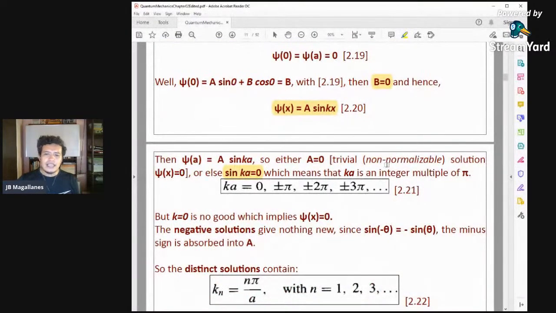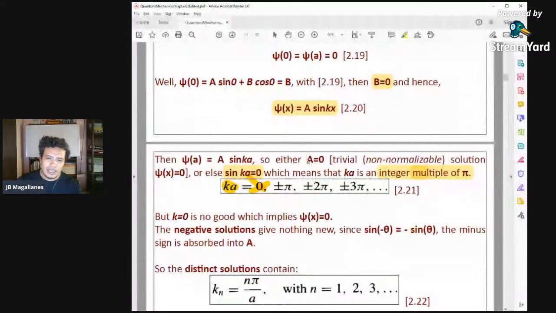And ka means that it is an integer multiple of pi in order for you to have sine ka equal to 0. So ka is equal to 0, plus minus pi, plus minus 2 pi, plus minus 3 pi, and so on. But we again do not include 0 because it would be trivial.